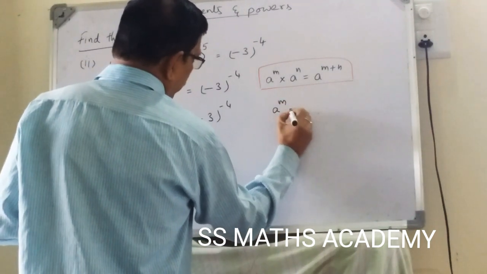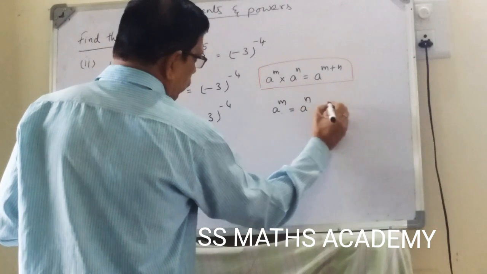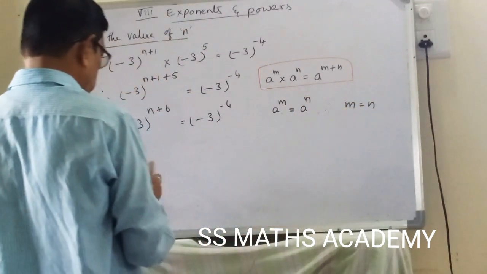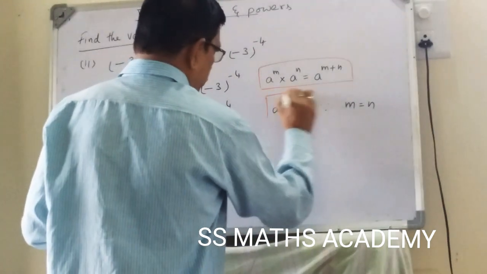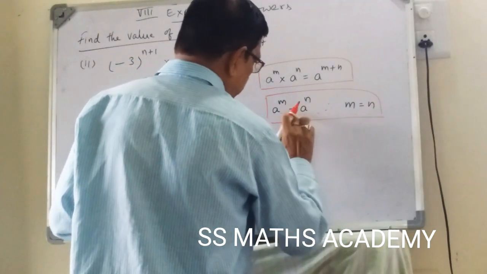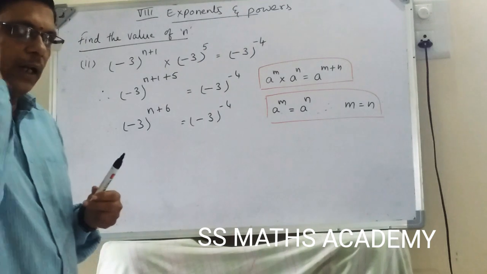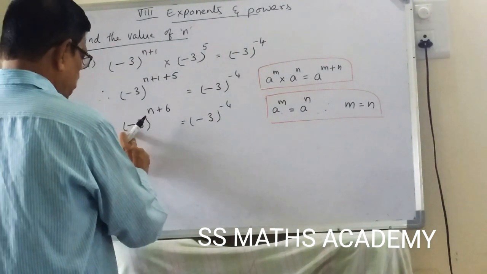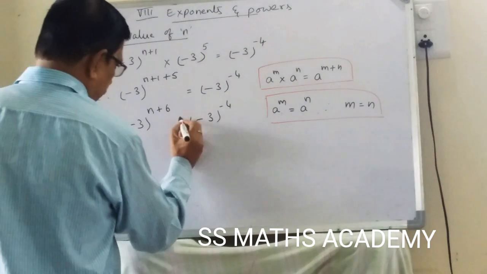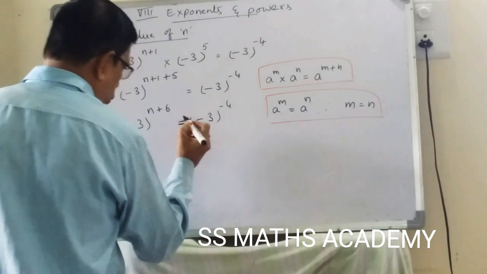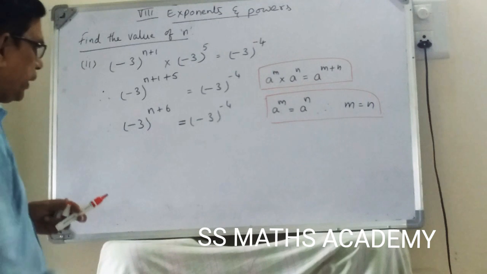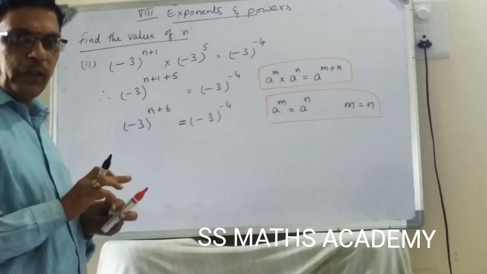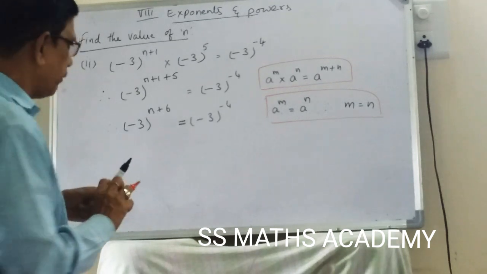If a^m is equal to a^n, then we can say that m is equal to n. If both bases are equal and there is an equal-to sign between them, we make the powers equal. Here the base is minus 3, here also the base is minus 3, and there is an equal-to sign between them, so we need to make the powers equal.